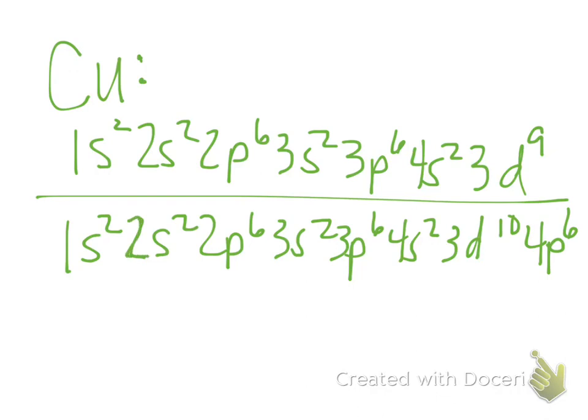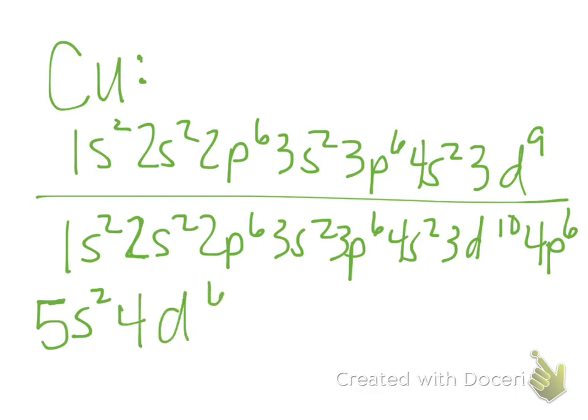Okay, what do you think? Say it in one time. 1, 2, 3. Krypton. Good, good. After 4p, where would I go? 5s. Then what comes after that? 4d.